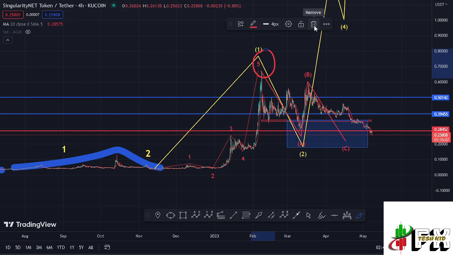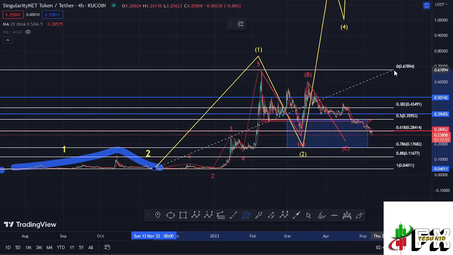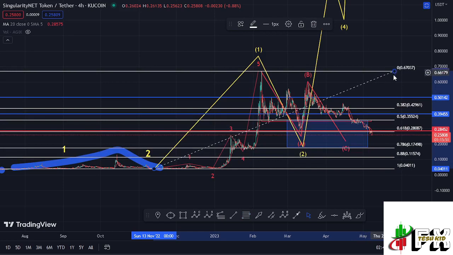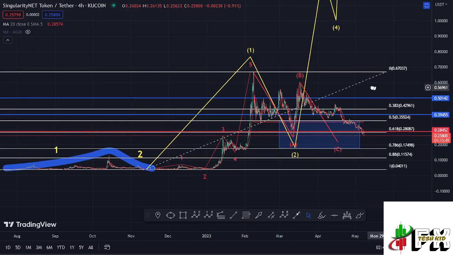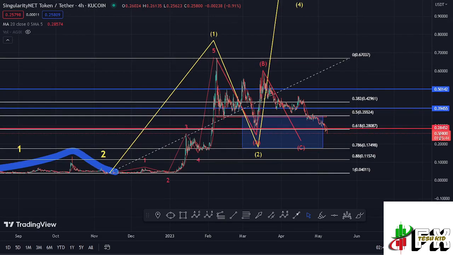And after seeing the high for that first wave, we started a corrective structure in the formation of this wave 2, and using the Fibonacci's, connecting them from the low of the first wave to the high of that wave 1, that gave me a minimum retracement area in the formation of that wave 2 between the Fib level 0.5 and the Fib level 0.78, which is a target area that lies between the $0.35524 mark and the $0.17498 mark.